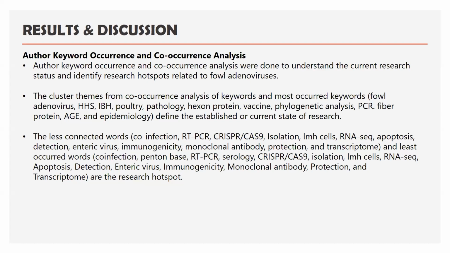The less connected or least occurred words are co-infection, RT-PCR, CRISPR-Cas9, isolation, Leghorn male hepatocellular cells, RNA sequence, apoptosis detection, indirect viruses, monoclonal antibodies. They are the less connected words and show that much of the work has to be explored.